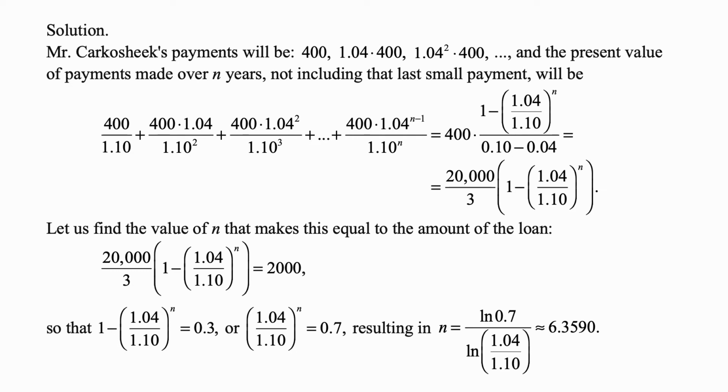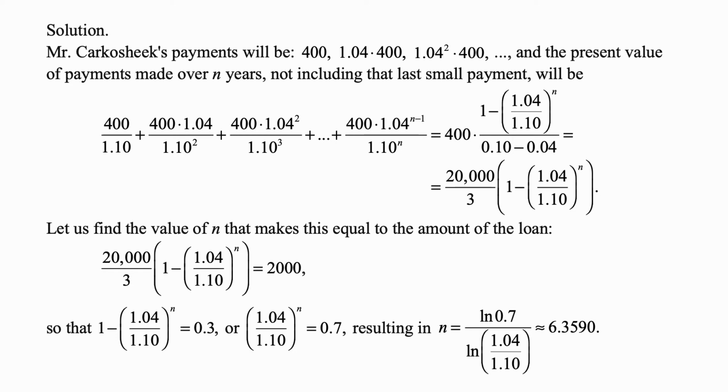This is a partial sum of a geometric series, and its sum is equal to 400 times 1 minus 1.04 over 1.10, that's the ratio of that geometric series, to the power n over 0.10 minus 0.04.